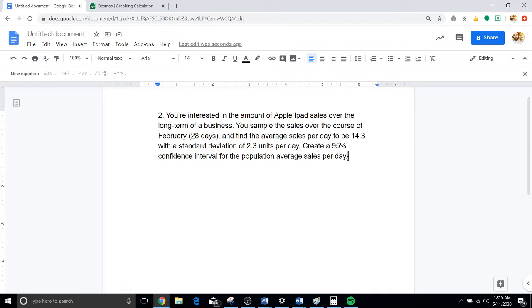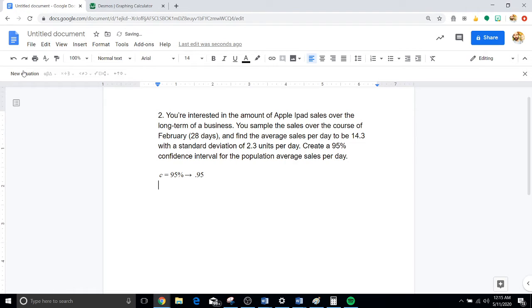So let's go ahead and start writing down what we do know. First things first, we know our confidence level, our C, is going to be equal to 95%, which is essentially 0.95. Now we will be using that to determine our T confidence a little bit later, but for now, let's go ahead and leave it.